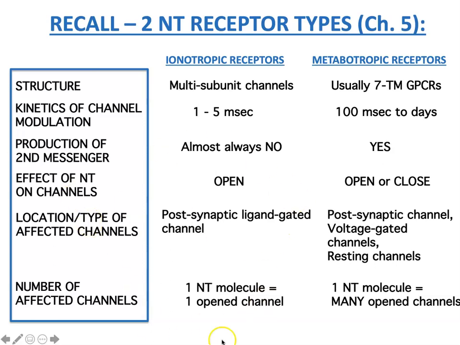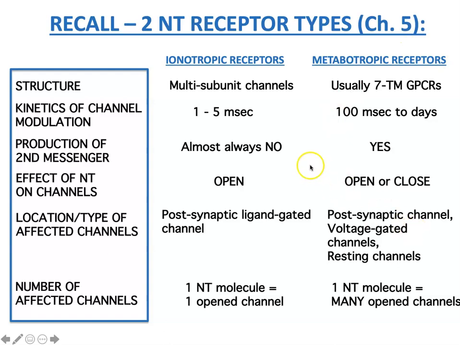As far as how many molecules it takes to open the channel, usually one molecule of the neurotransmitter is enough. Think back to the vesicular release that we just talked about in chapter 5, and remember that each vesicle can have up to 1,000 molecules of neurotransmitter within it. So we can possibly activate very strongly when we have ionotropic receptors.